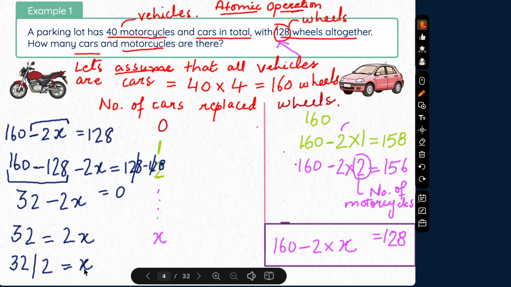32 divided by 2 is 14. Okay, are you sure? Recheck.